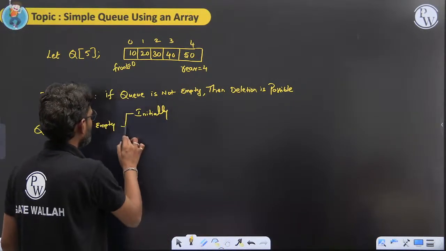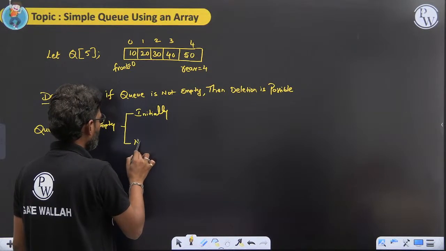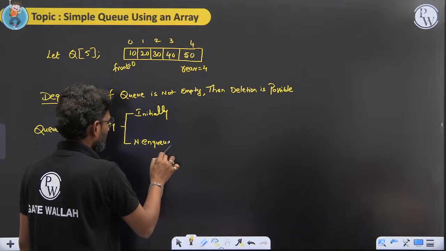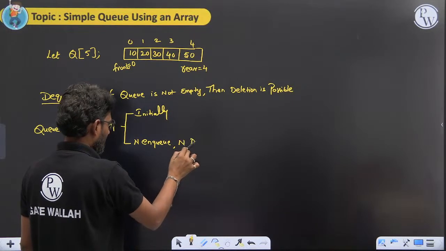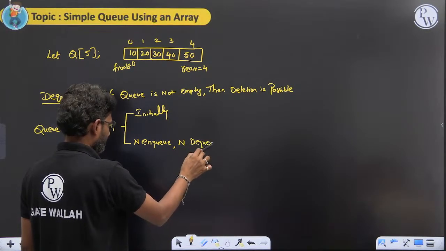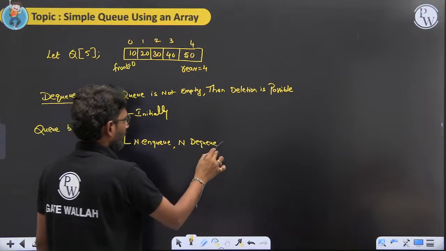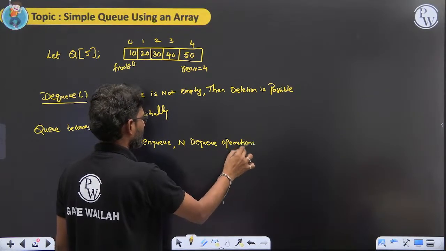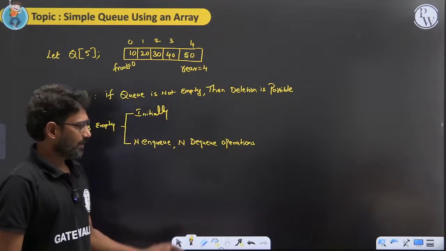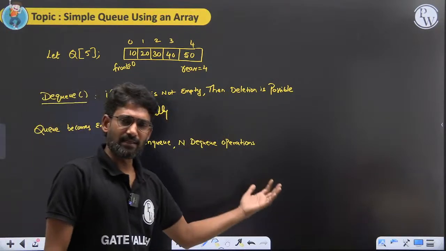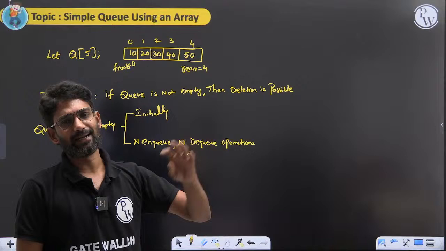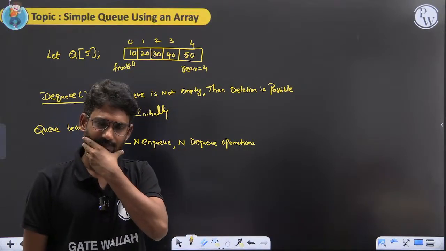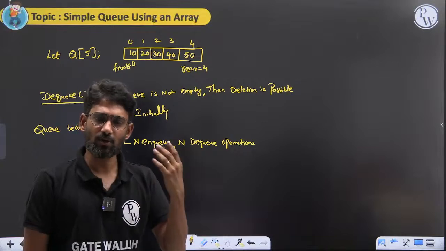And if you do enqueue operations and dequeue operations, that means you have kept n elements in the queue and deleted n elements, then also the queue will be empty, isn't it?